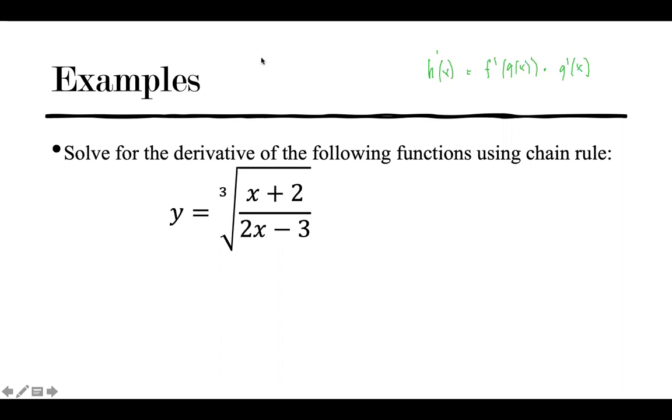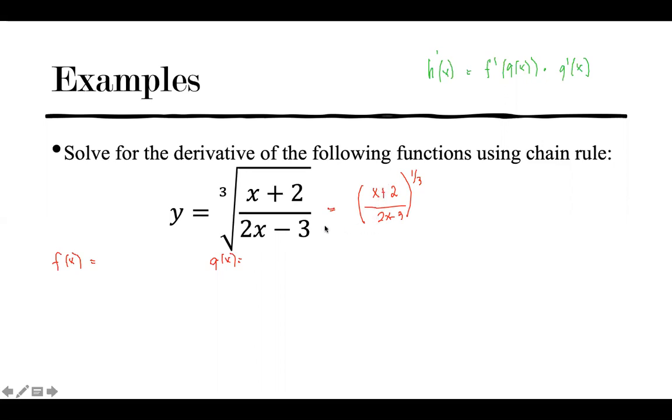All right, so going back again, the challenge is to know the original functions, f of x and g of x. Well, I think you'll agree with me. If you wish to rewrite this, this will be x plus 2 over 2x minus 3 to the power of 1/3. If you can remember, radicals can be expressed as exponential having a fractional exponent.